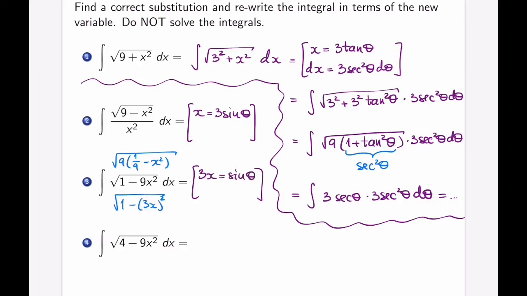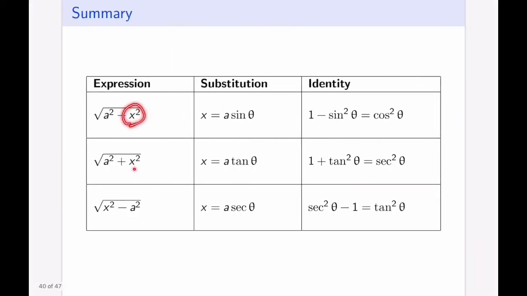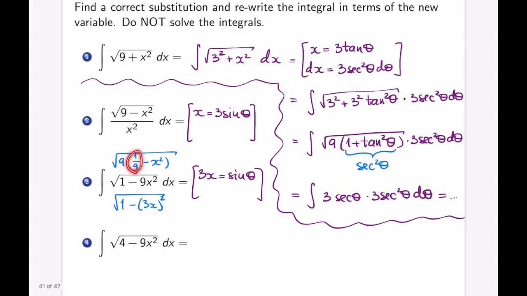If you prefer to think of it this way, and first of all get rid of the number in front of x so that you are more in line with the format of the substitution suggested in the table, notice that none of these x's have a constant factor in front of them. If you do that and factor it out first so that you end up with this, then we can see that the corresponding constant in our substitution here is 1/9, or if you take the square root of it, 1/3.